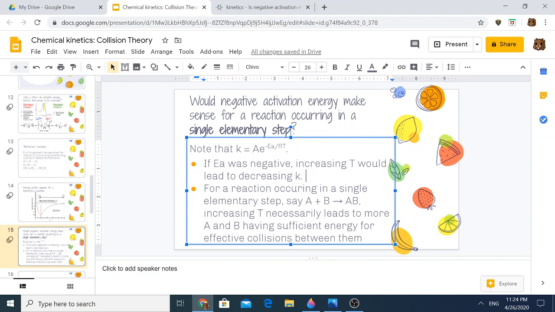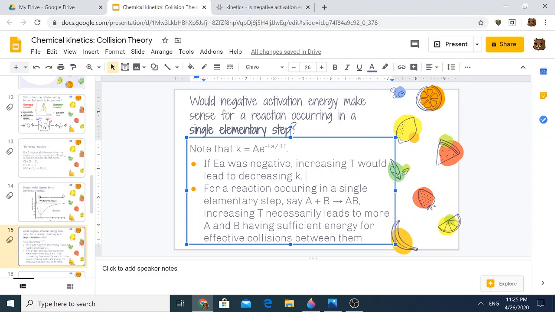And would that make sense for a single elementary step? I think it wouldn't make sense. Let's say you consider the elementary step A plus B colliding with each other to give AB. Increasing T will necessarily lead to more A and B having sufficient energy for effective collisions between them.